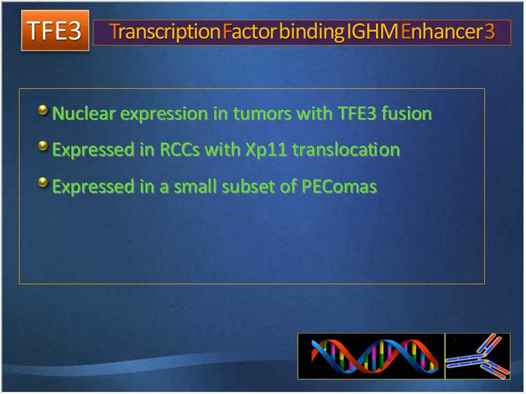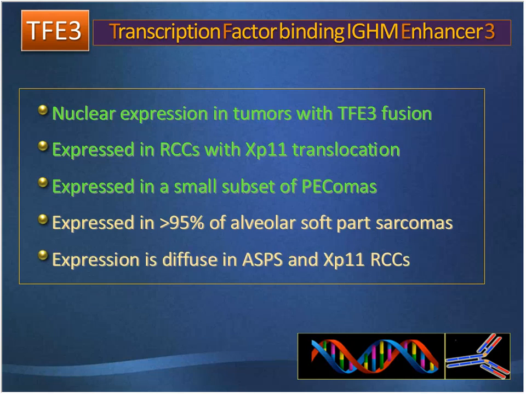One more of these particularly useful markers is TFE3, transcription factor binding to immunoglobulin heavy constant mu enhancer 3. This again is a nuclear expression in tumors with TFE3 fusion. Interestingly, it's expressed in some of the rare renal cell carcinomas with Xp11 translocation, and is also expressed in a small subset of PEComas. The main use of it is in alveolar soft part sarcomas, in more than 95% of them.